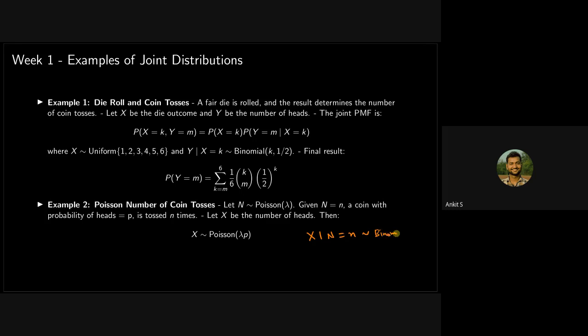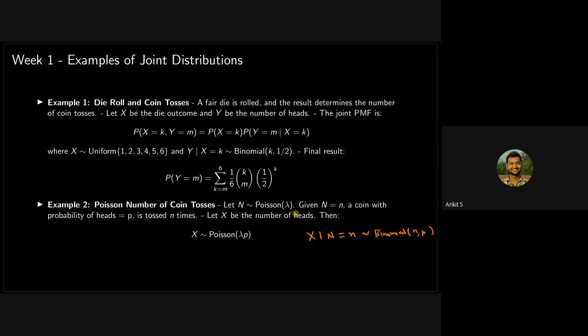Binomial of what parameters? N and p, right? N is determined by the Poisson random variable, and p is the probability of success, or probability of heads.